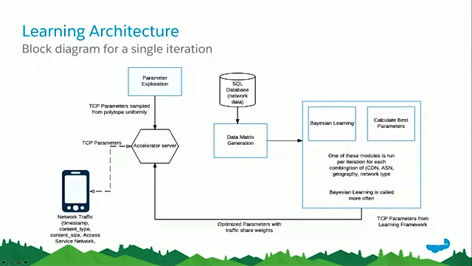These happen in tandem. The Bayesian learning is called for more number of iterations than the calculate best parameters module. And the output of this is an optimized set of TCP parameters. We pass this back to the accelerator server, and the accelerator server gives a portion of the accelerated traffic parameters from the exploration and a portion of the accelerated traffic parameters from the learning.